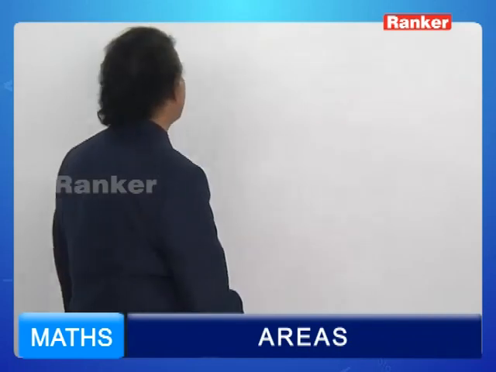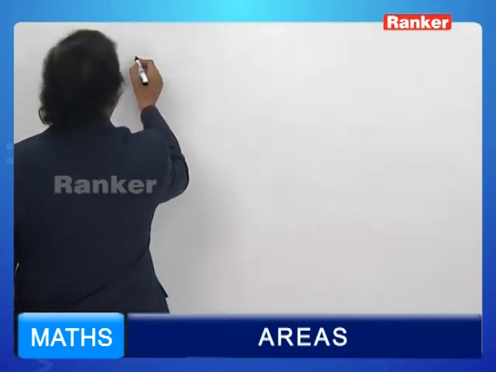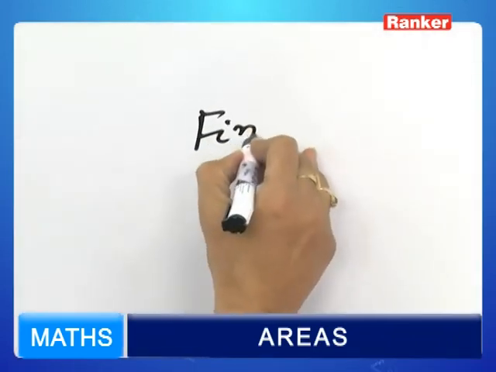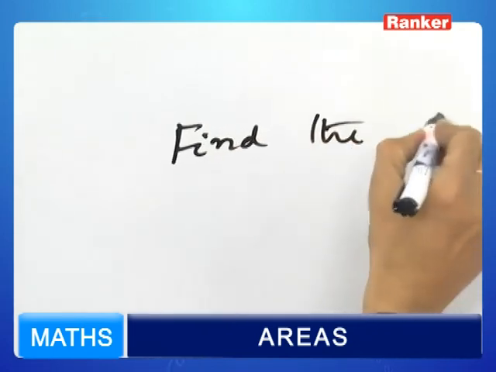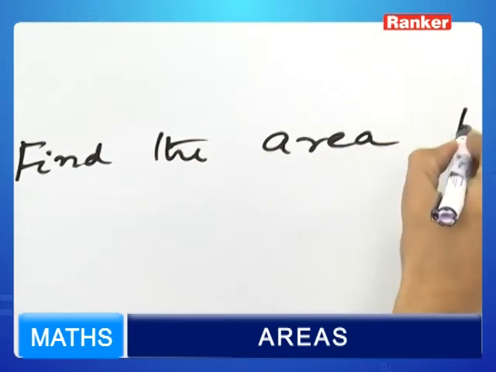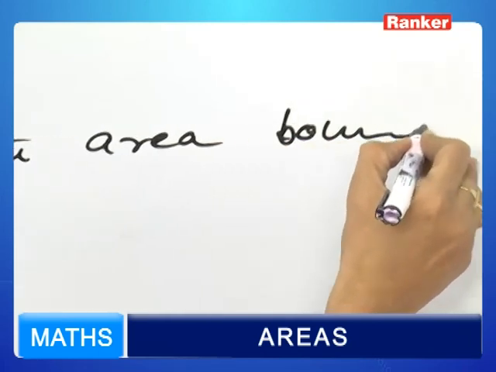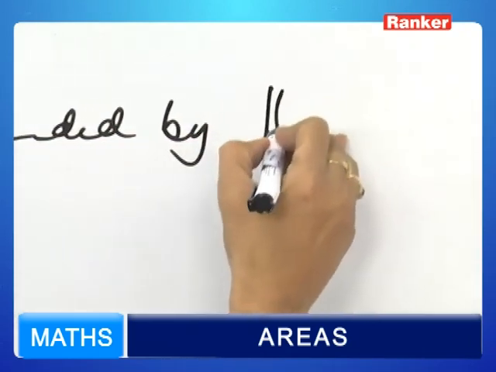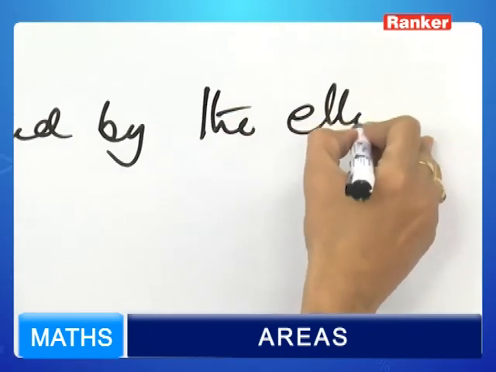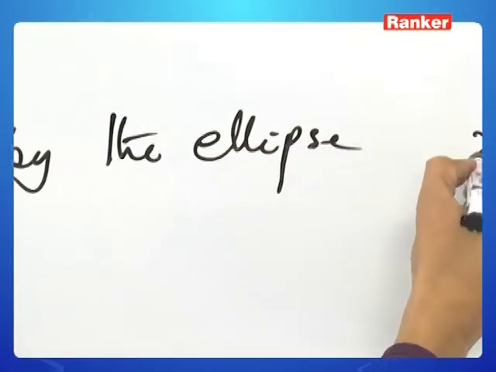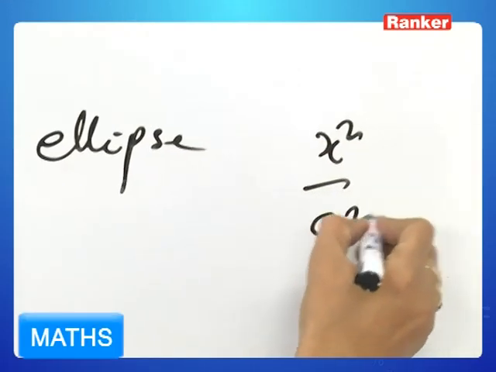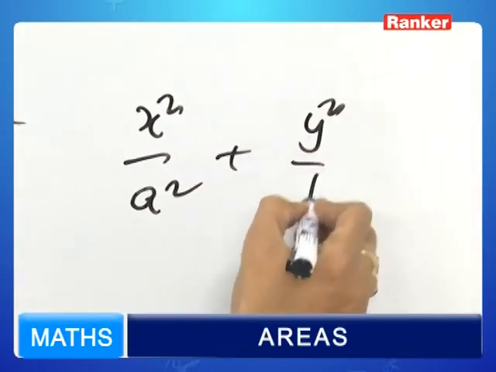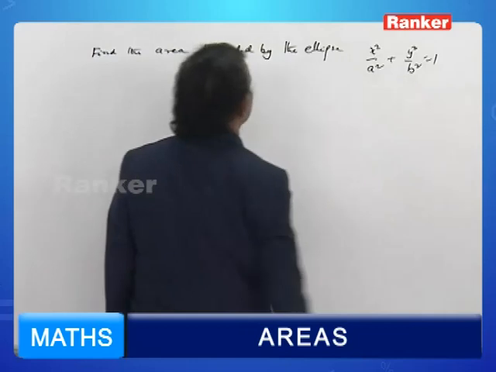Okay, one more thing. Find the area bounded by the ellipse x square by a square plus y square by b square is equal to 1.